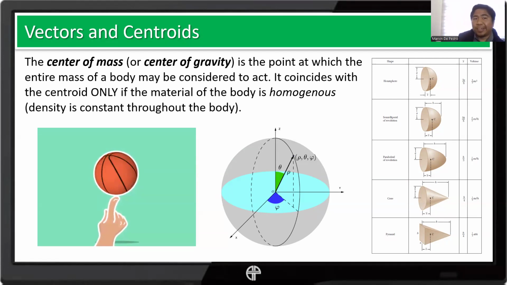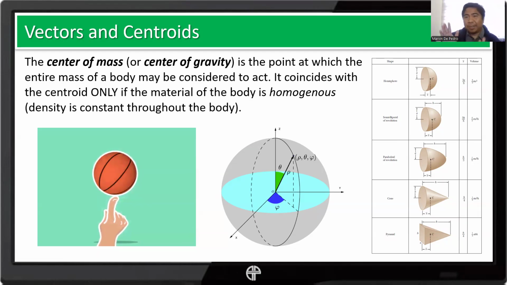So that's why the density inside is uniform, constant throughout the enclosure of the ball. That's one reason why basketballs can do what you see in the animation.